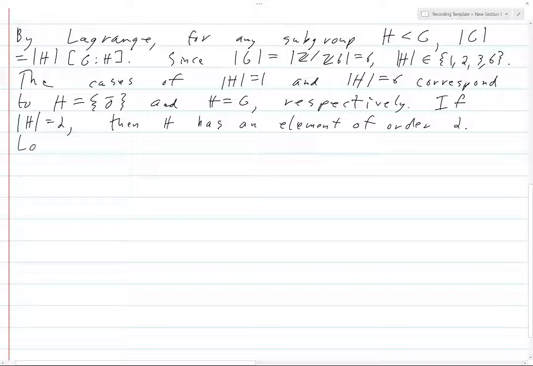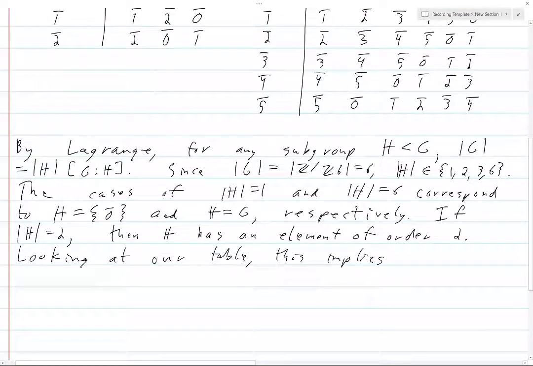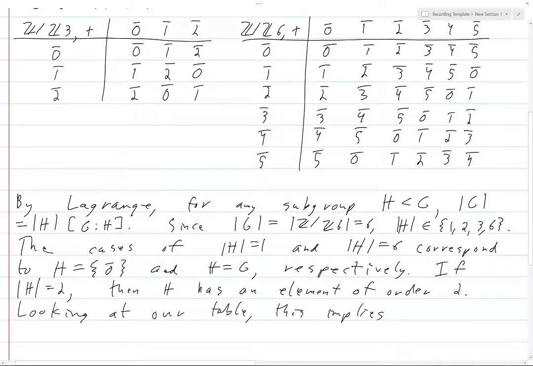So let's look at our table and see if we can find any elements of order 2 on the diagonal. Basically what that would mean is that if you add something to itself, it's 0. And adding something to itself corresponds to looking on the diagonal. And we see, oh, here we go, we found one, 0.